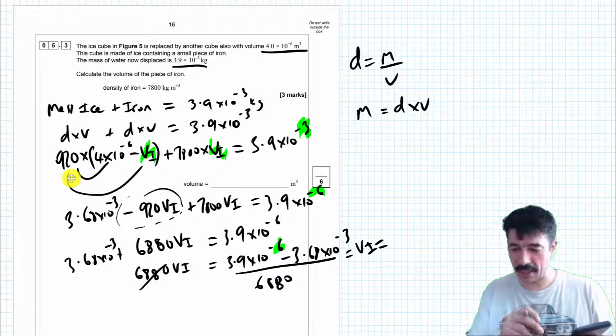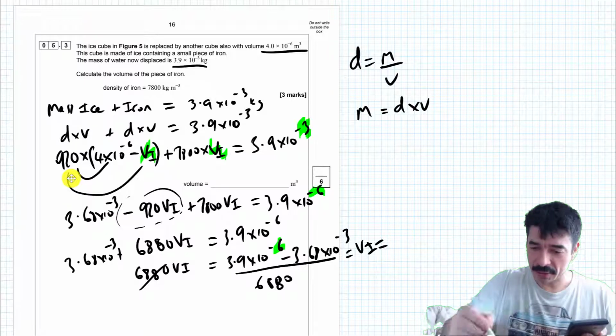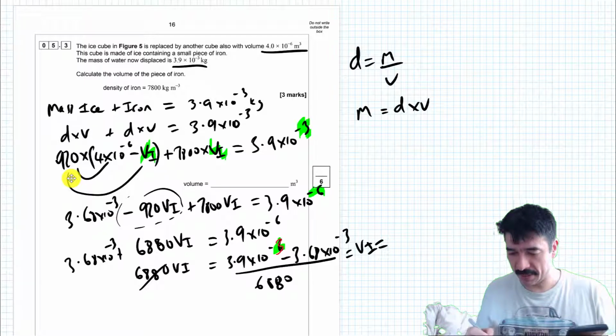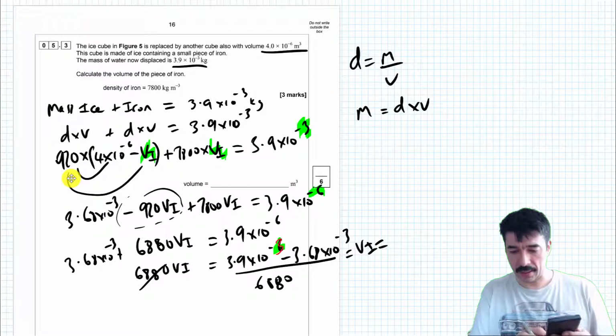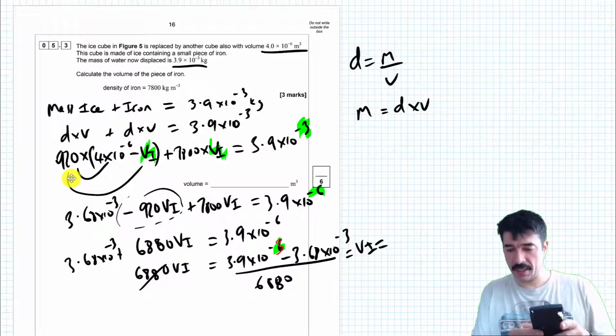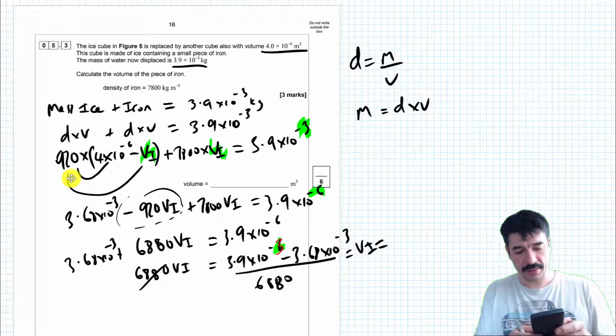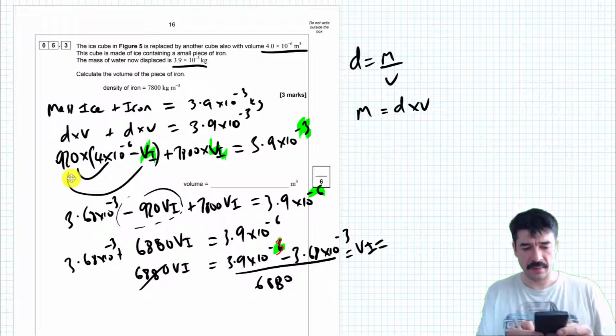But let me just correct. So that should be a minus 3. Right, so, okay. 3.9 to the power of minus 3 minus 3.68 to the minus 3. Right, divided by 6880.